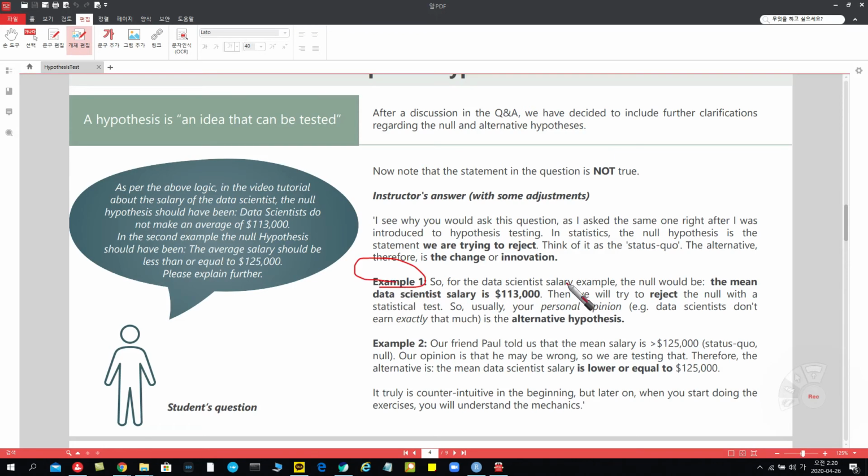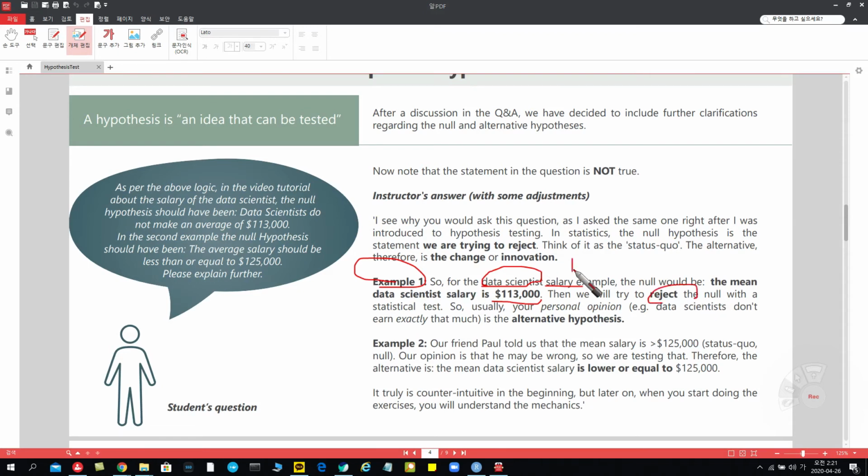Example one. Maybe you want to be a data scientist in the business domain, and you want to get a higher salary. For example, you investigate the salary of data scientists in the US. Look at this. The mean data scientist salary is $113,000. Then we try to reject the null.